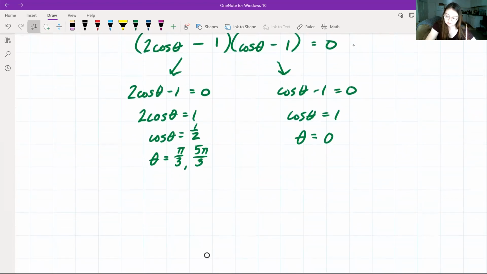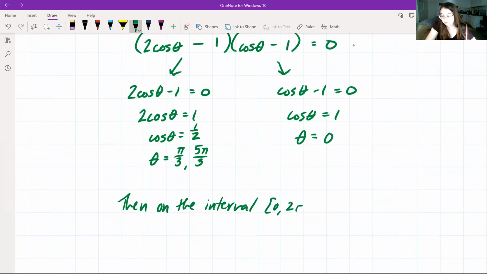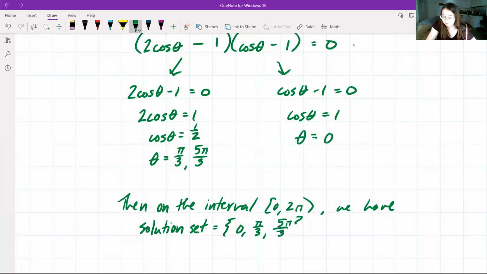So we get then on the interval 0 to 2 pi, not including 2 pi, the solution set is going to be equal to 0, pi over 3, and 5 pi over 3.